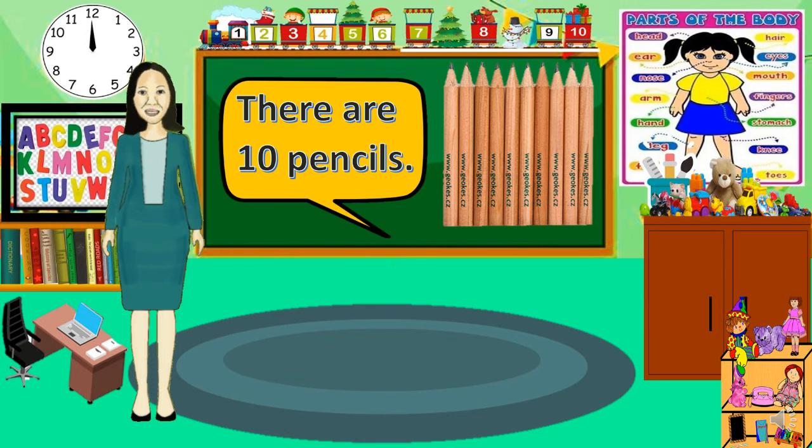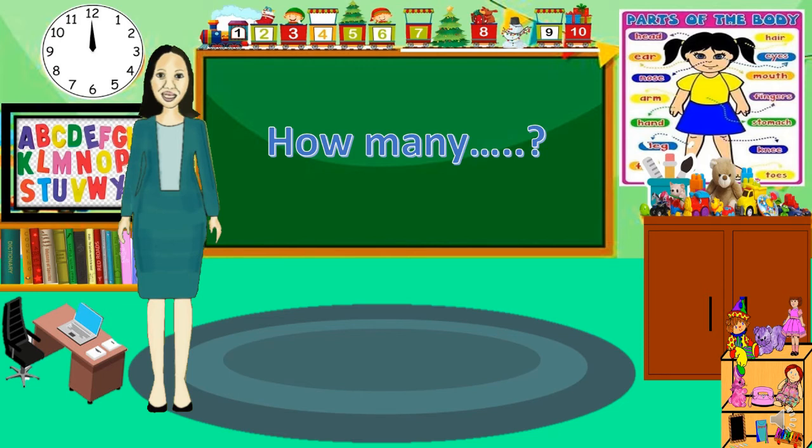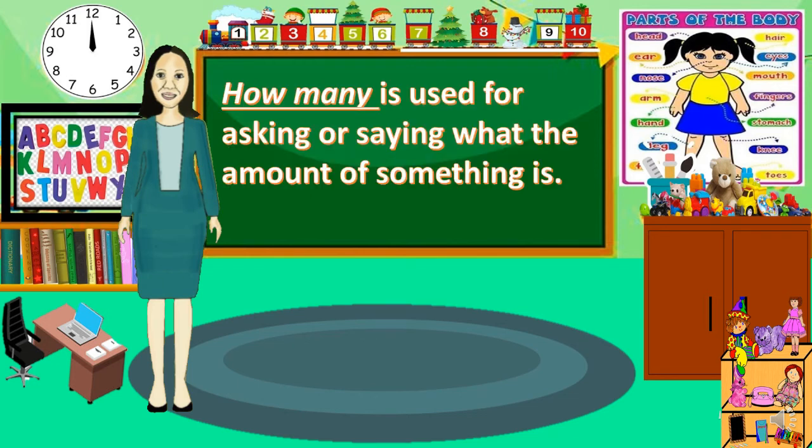So, do you have any question about our lesson for today? Remember that today we learned about counting numbers 1 to 10 and using how many. Remember that how many is used for asking what the amount of something is.